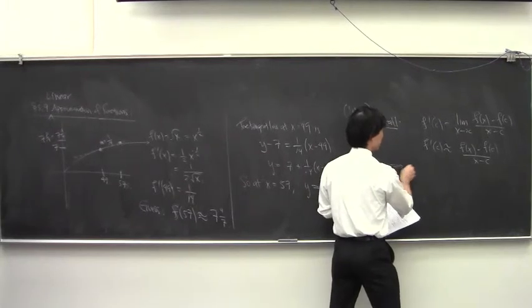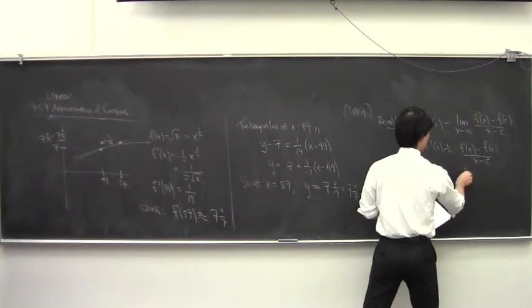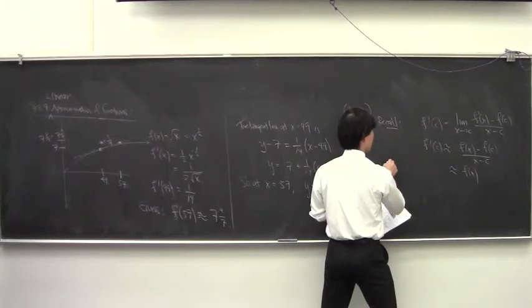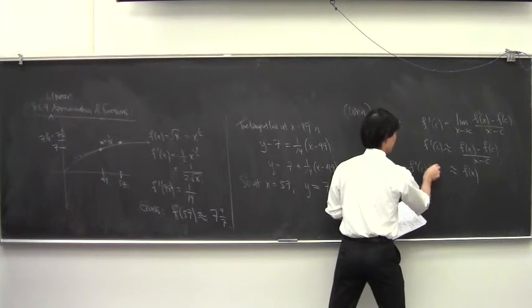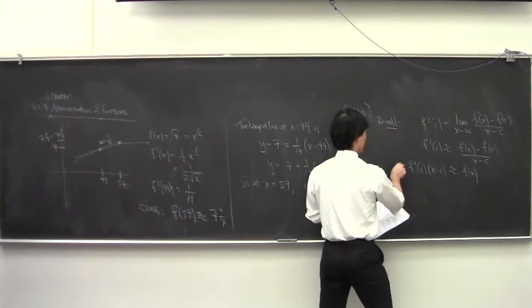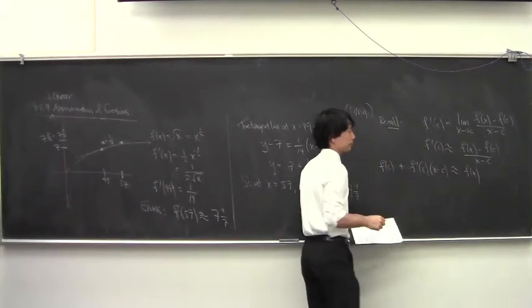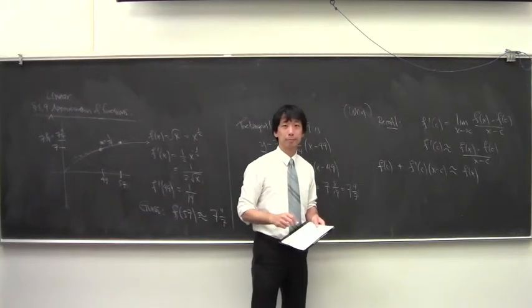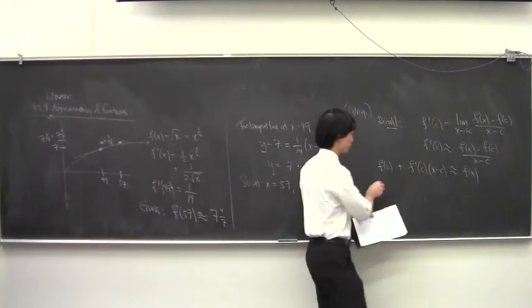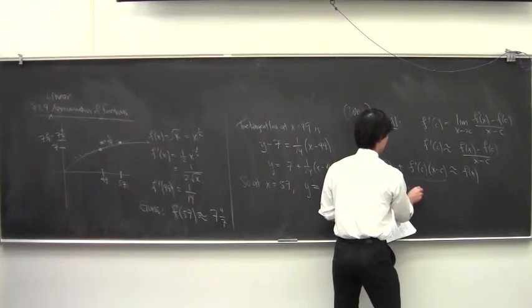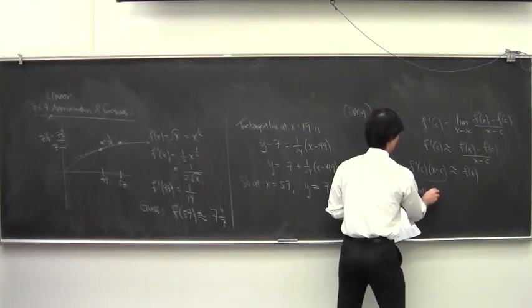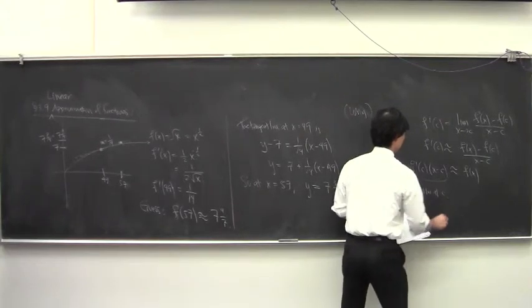And so f of x is basically f prime c times x minus c plus f of c, which is the tangent line at c.